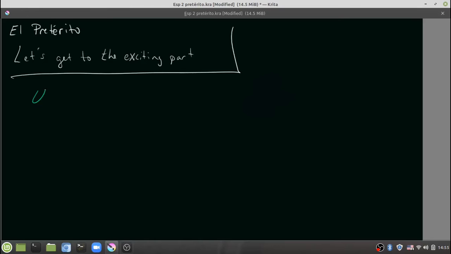Alright, so the uses of the preterite tense. The first one we're going to put up here is going to be action. When you're talking about the action in a story, the events that just go boom, pop, and take place, those are going to be done in the preterite tense. Another thing that the preterite tense is used for is specific time periods.